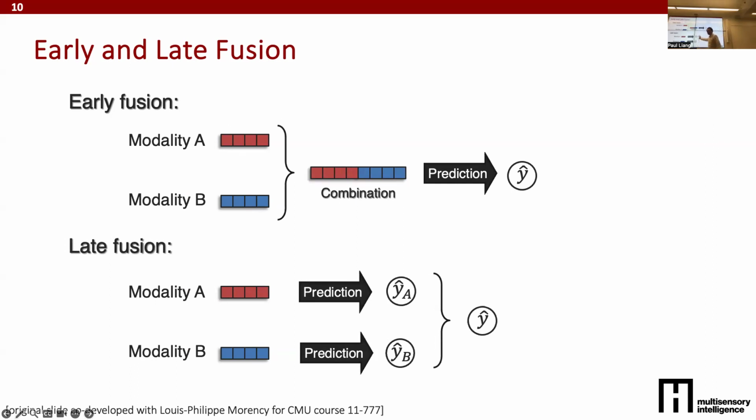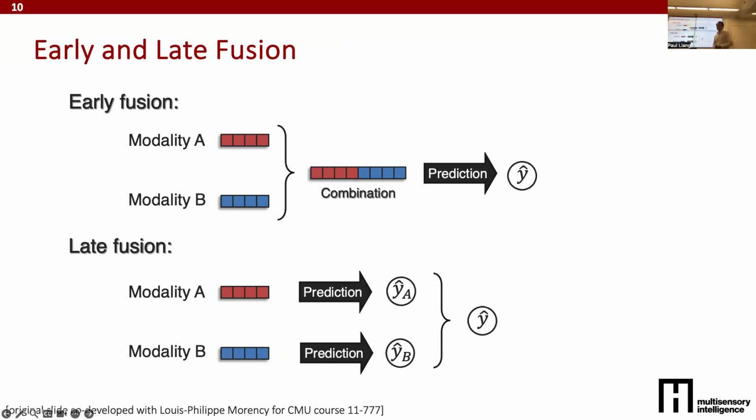So people have explored, for example, ensemble methods, taking a majority vote. If you have three modalities, two of them say one label, the third one says some other label, you just take the majority vote. These are all examples that fall under late fusion.